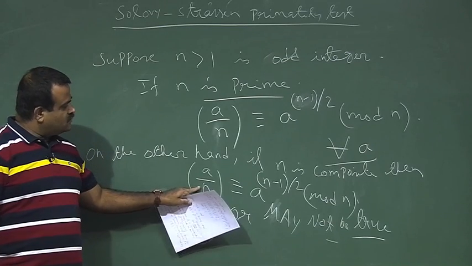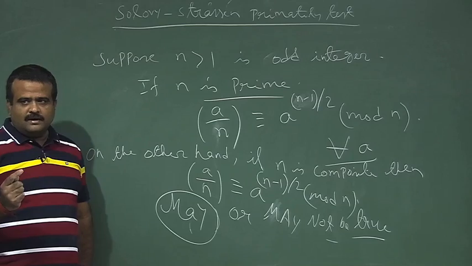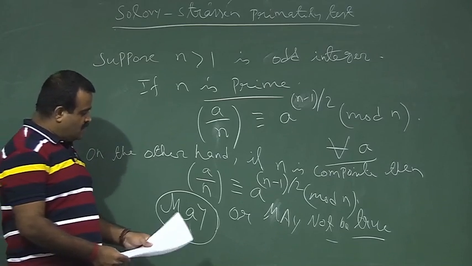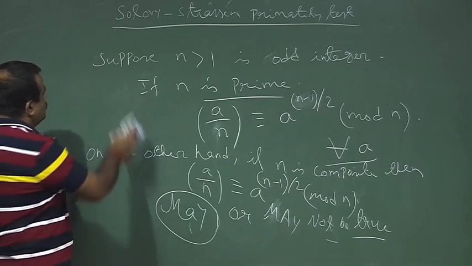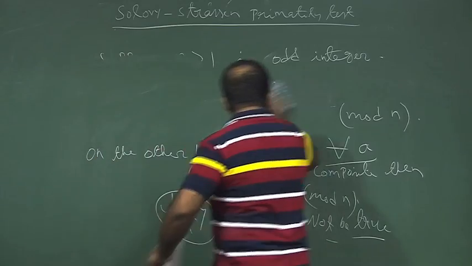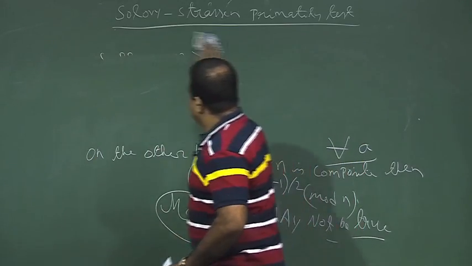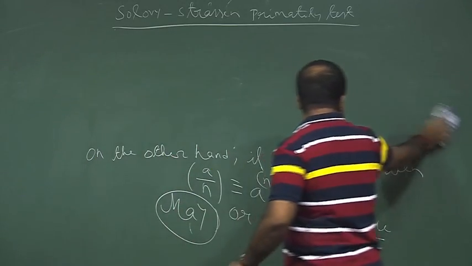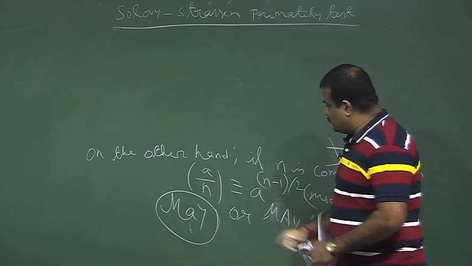If this result is true for a given a, then we call this n a pseudo prime. It could be a real prime, but so far we have checked only for a.